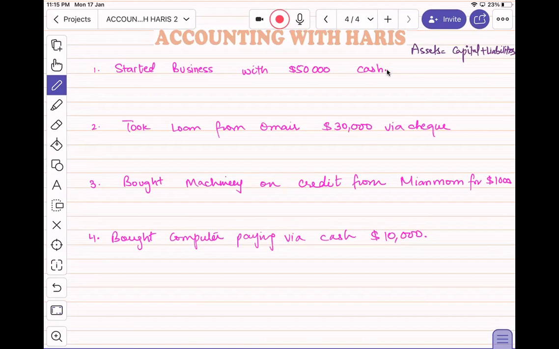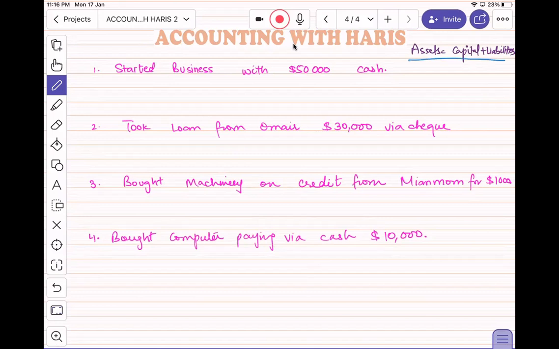Now if you look at these transactions, look at them really carefully. If you see the first transaction, started a business with 50,000 cash, you'll have to identify that each transaction would have a double effect on this accounting equation.